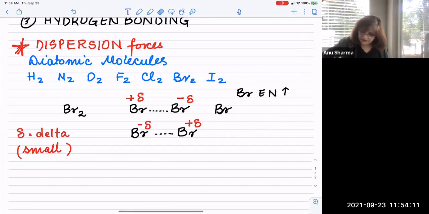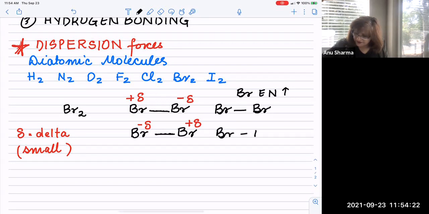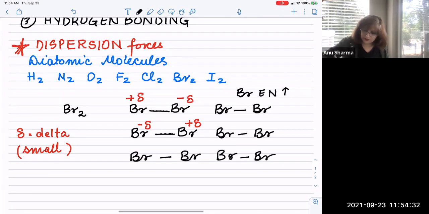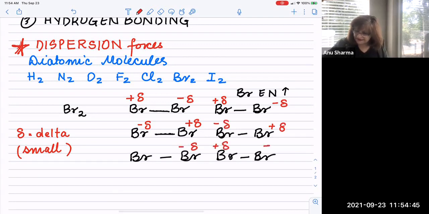This is actually a proper bond, not just the dotted line the way I'm showing it. So we have another bromine here, and let me just do one more. This is how the negative of one is close to the positive of the other. Delta positive of this one, negative of this one; delta positive here, delta negative here; delta negative here, delta positive here.